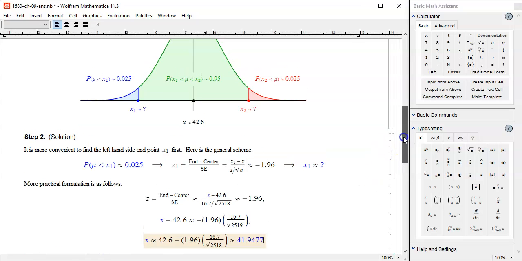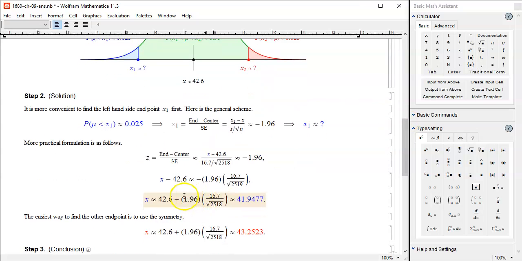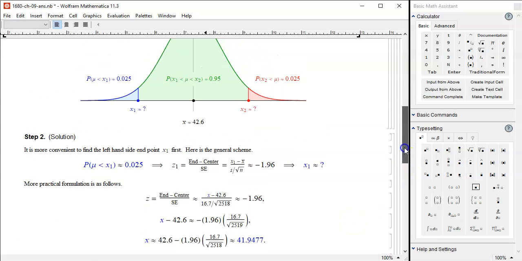As you can see from the color coding, this is blue, so it's this value here, x1. How do you find the other endpoint, x2? On your right-hand side, just use symmetry. Change this minus to plus and run your computation, and this is what you get: 43.2523.